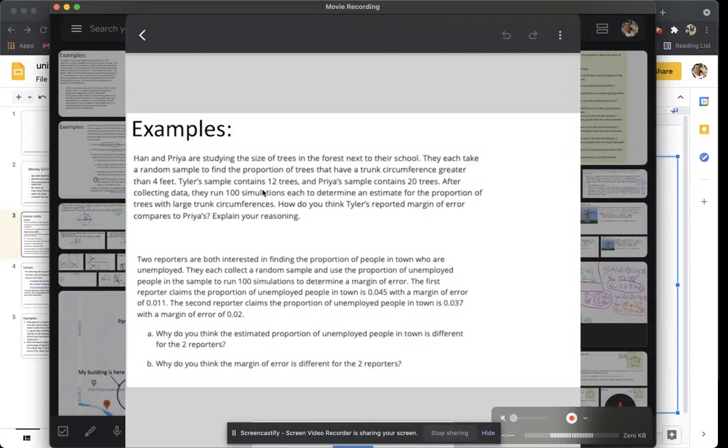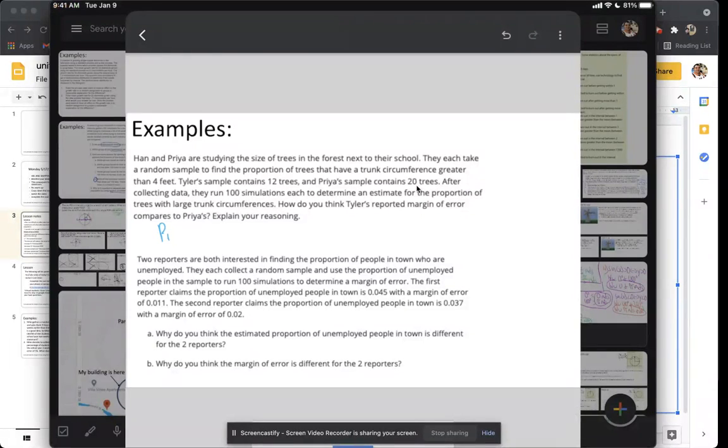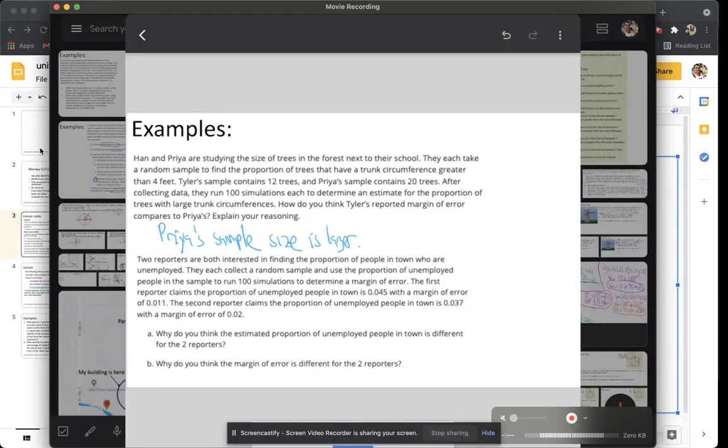Tyler's sample had 12. Priya had a sample size of 20. So Priya's sample size is larger than Tyler's.